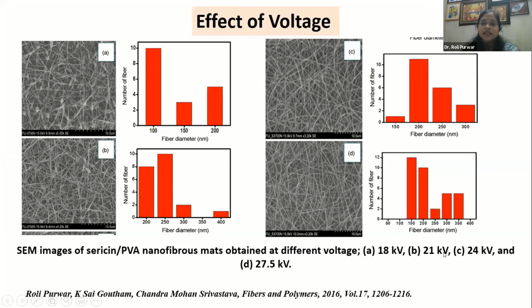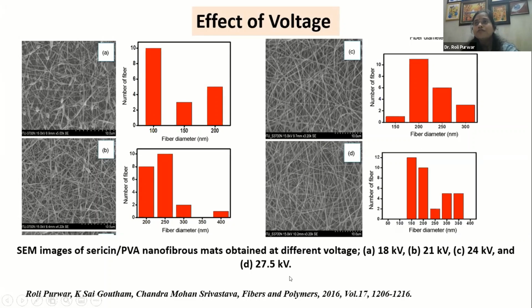And once we kept on increasing this voltage, we found that there is a bead-free fibrous structure. If you look at the diameter of the fiber, initially when we had the beaded structure, the diameter was somewhere around 100 nanometer, but the beaded structure is not required. We require a completely bead-free structure. When we further increased the voltage, the diameter of the fiber initially increases.